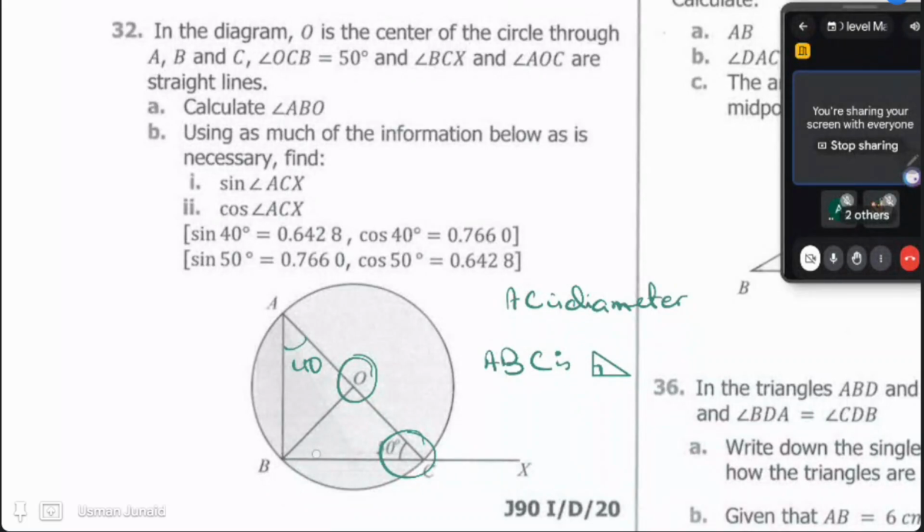Now we know angle AOAB, right? Sir, how did we get 40? Because this angle is 90 degrees, no? Okay, sir.